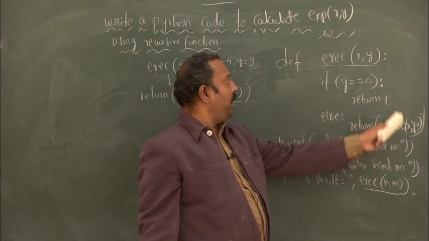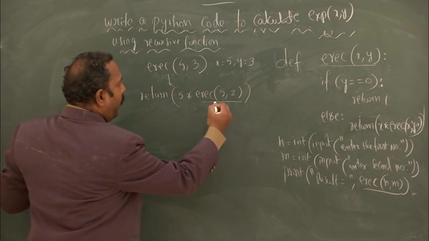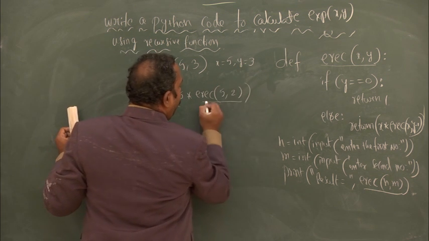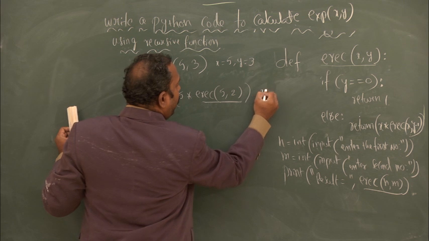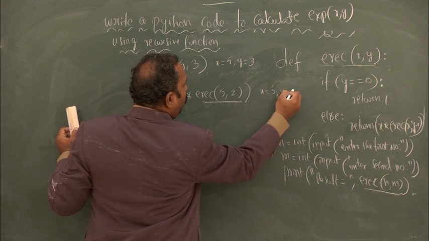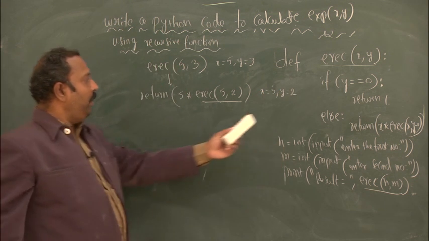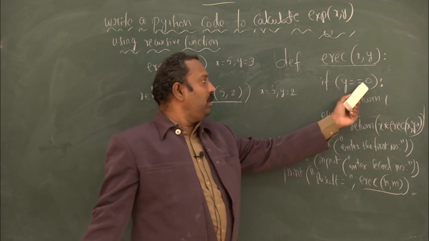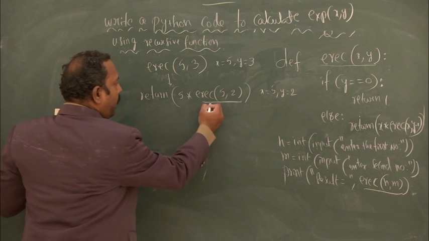Whenever there is a function call, again it will go to the definition of the function. Now x gets value 5 and y gets value 2. Here y equal to 0, but y got 2, so 2 equal to 0, the condition is false. So again it comes to the else case.